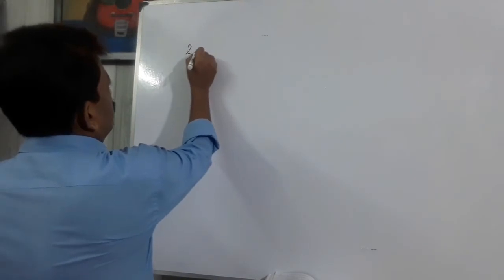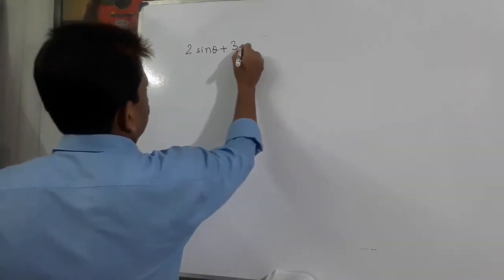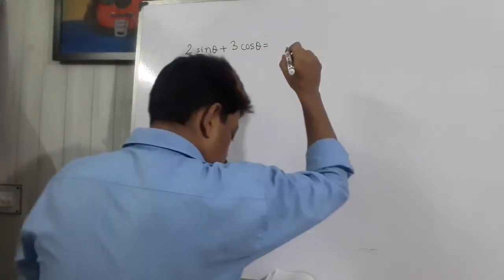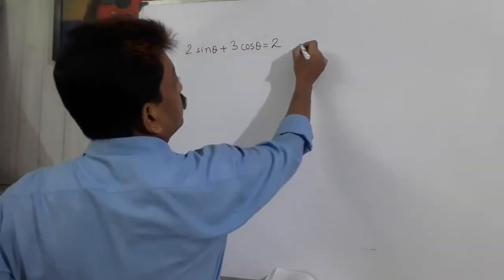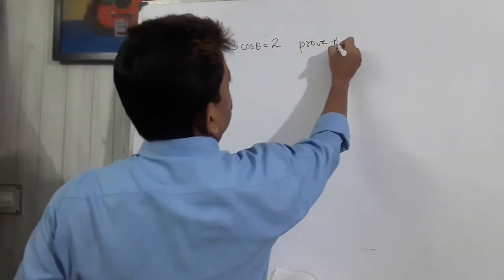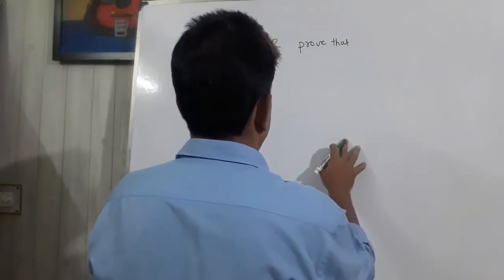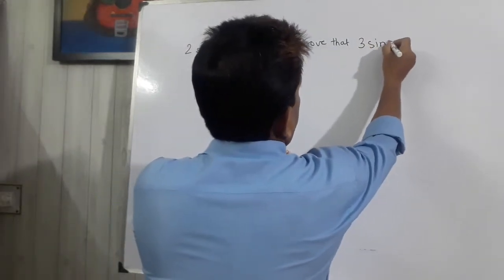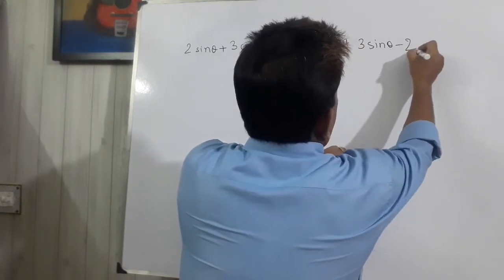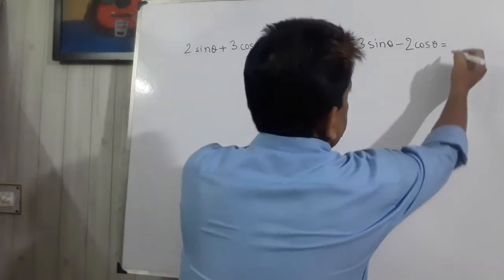The question is: it is given that 2 sin theta plus 3 cos theta equals 2, and we have to prove that 3 sin theta minus 2 cos theta equals plus minus 3.